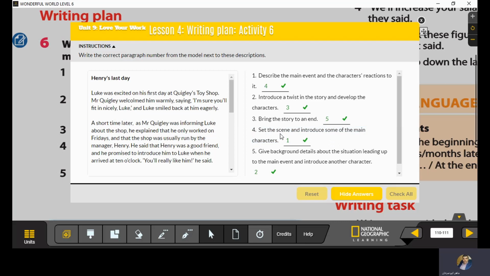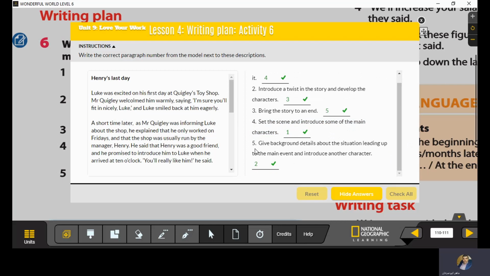We set the scene and introduce some of the main characters. This is the beginning of the story. Then here we give background details about the situation leading up to the main event and introduce another character.